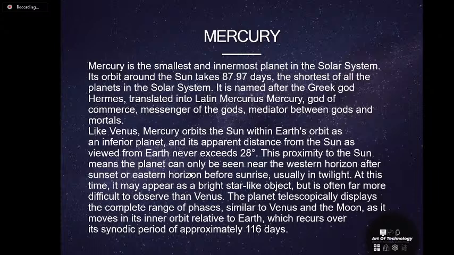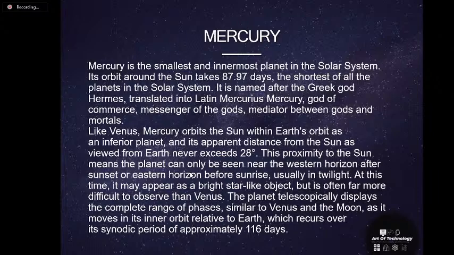At this time, it may appear as a bright star-like object, but it is often far more difficult to observe than Venus. The planet telescopically displays the complete range of phases, similar to Venus and the Moon, as it moves in its inner orbit relative to Earth, which recurs over its synodic period of approximately 116 days.